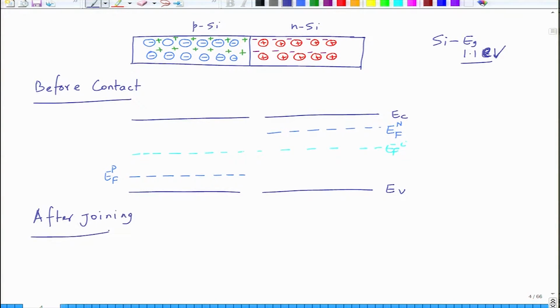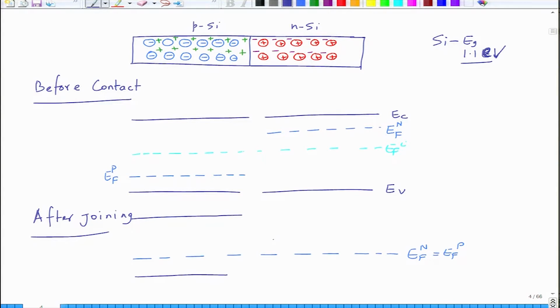after joining, the Fermi level is now EFN equal to EFP. If this is the case, deep inside the semiconductor somewhere here, the conduction and valence band are at the same distance. So, this is the position of the conduction and valence band which remains the same.